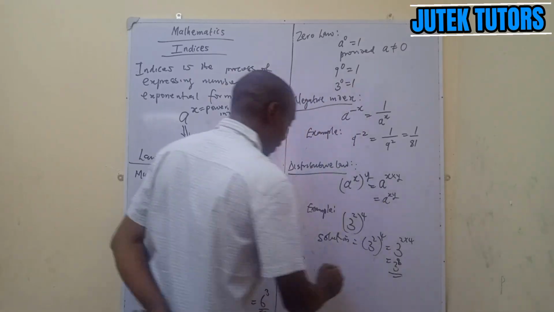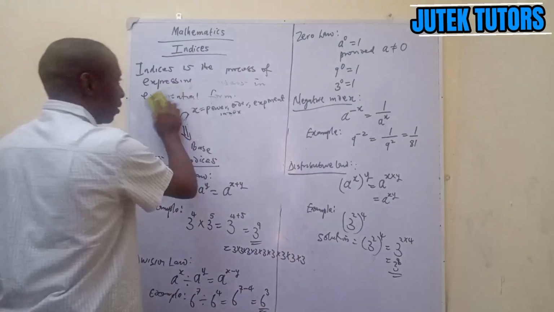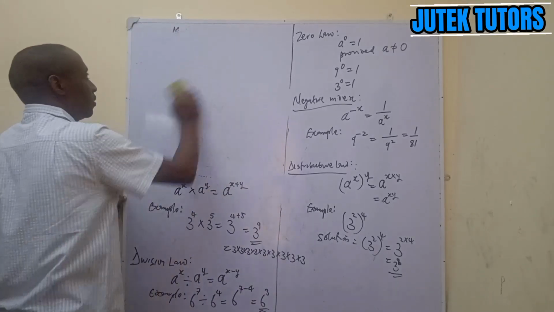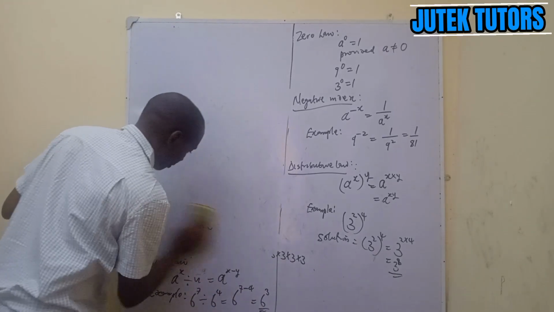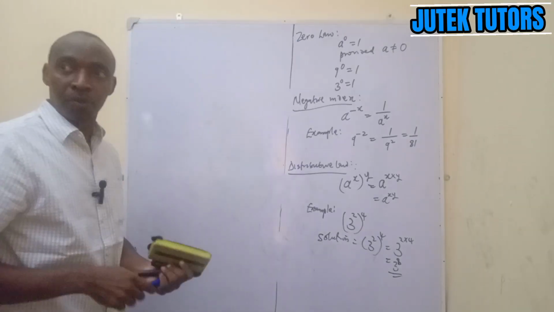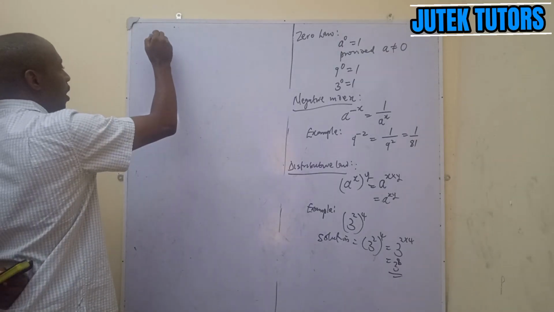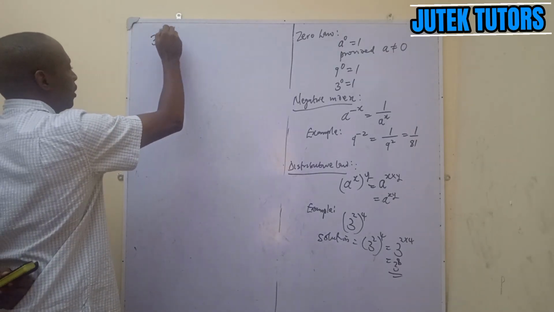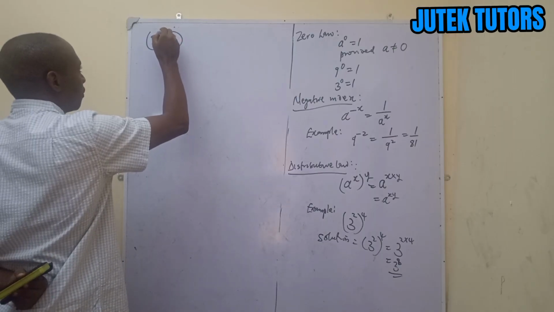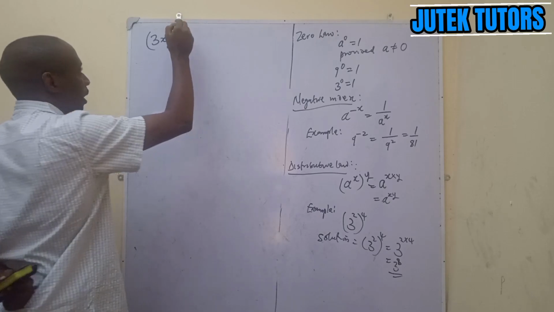So let's have another example where we can solve this kind of problem. For instance, we have 3x, y raised to power, let's say this is 2, and this is 4, raised to power 3 outside.